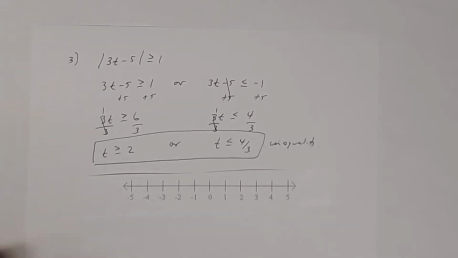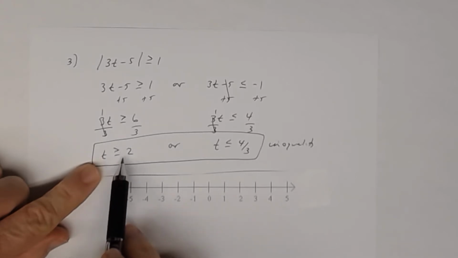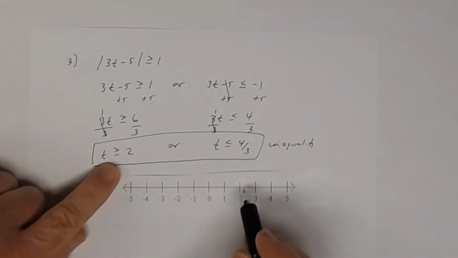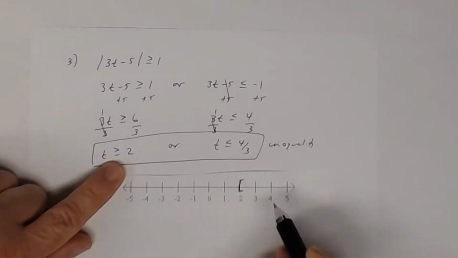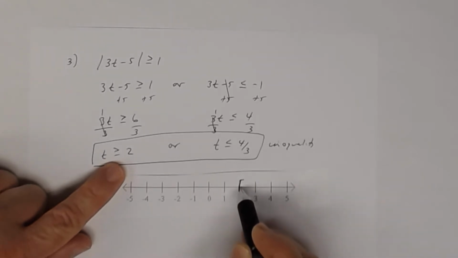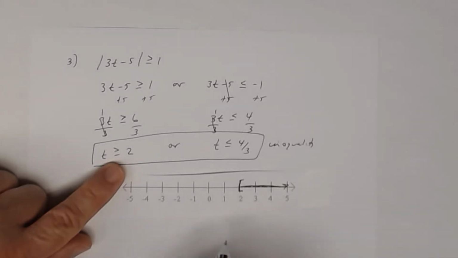So the graph's going to look like this. So we're going to do this one first. So I'm looking for all the values of x that are greater than or equal to 2. So here's 2. Remember, you see an equal sign, so you're going to put a bracket, just like this. Make sure it looks like a bracket, okay? And you're going to shade in every real number that's greater than 2, just like that. Make sure you put your arrow.